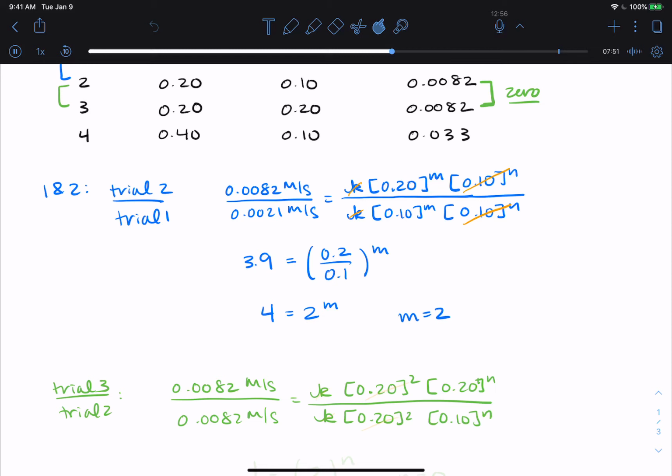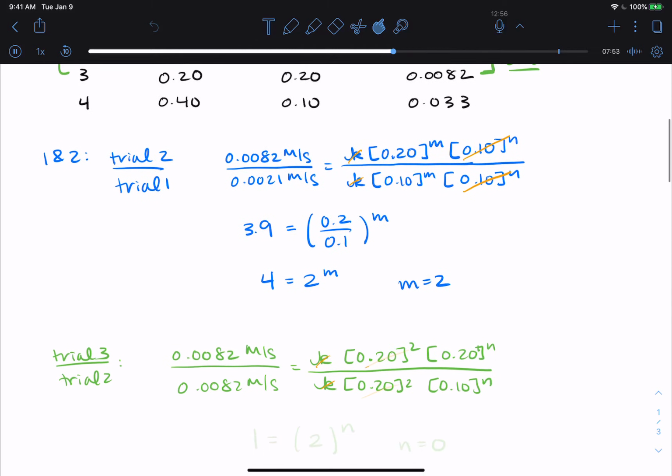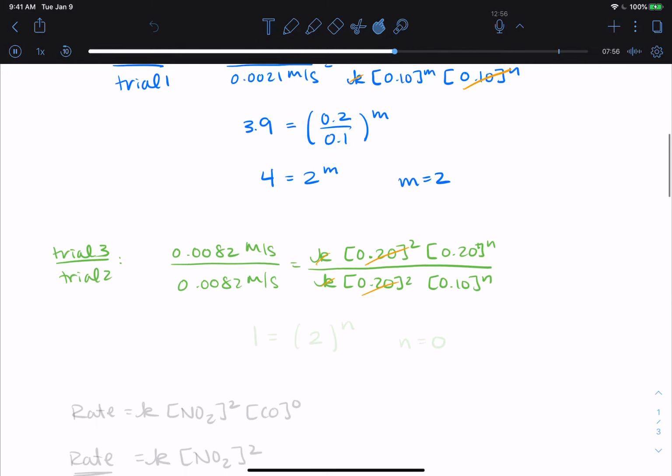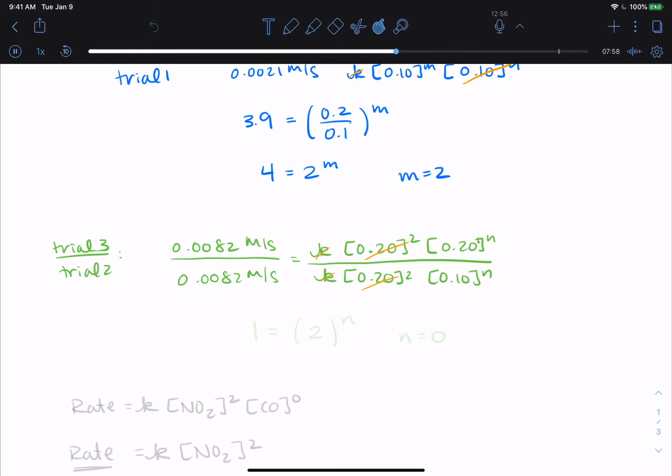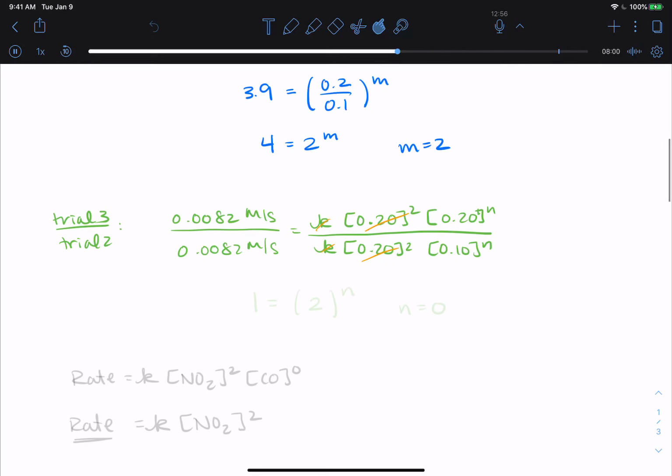So I can cancel the constants, and I can cancel 0.2 to the second power. And what I am left with is 0.0082 divided by 0.0082. So 1 equals 0.2 over 0.1, which is 2.